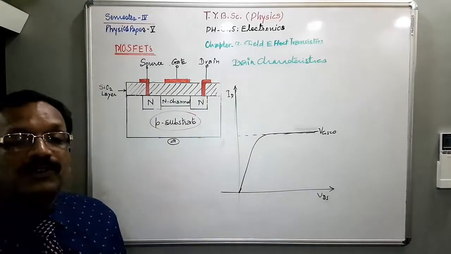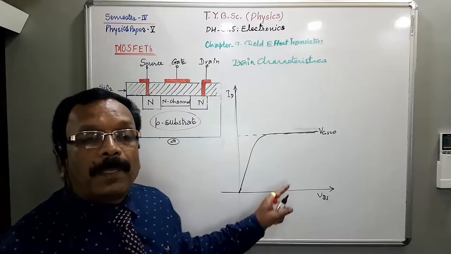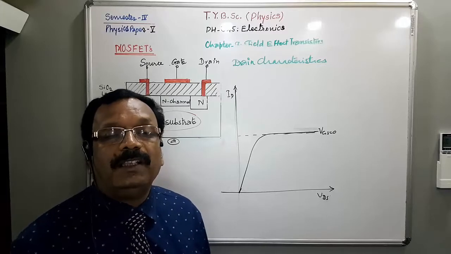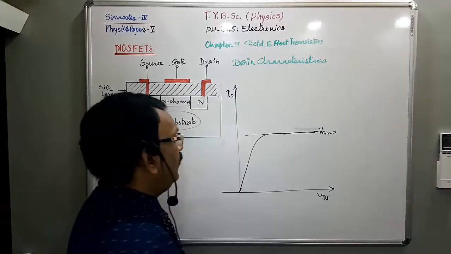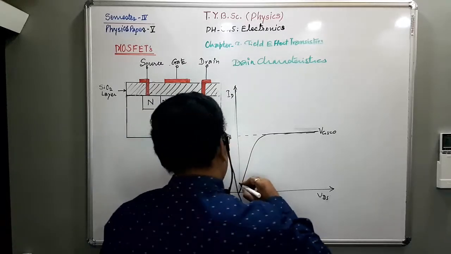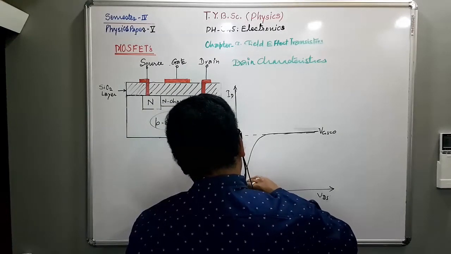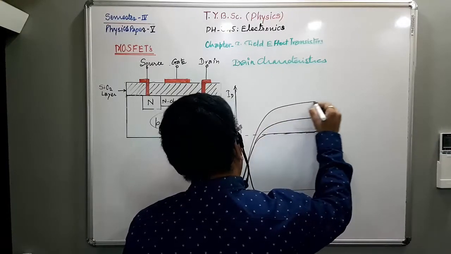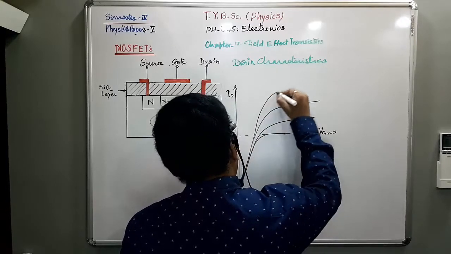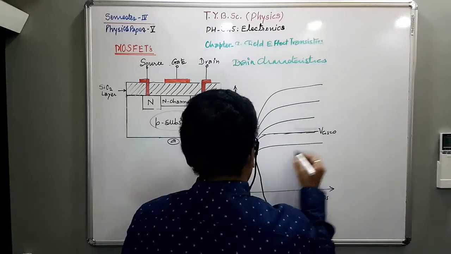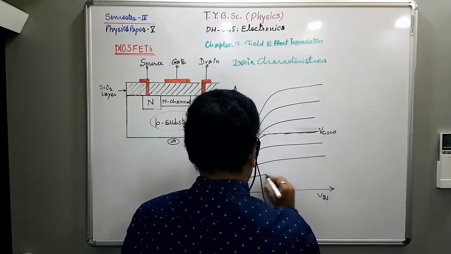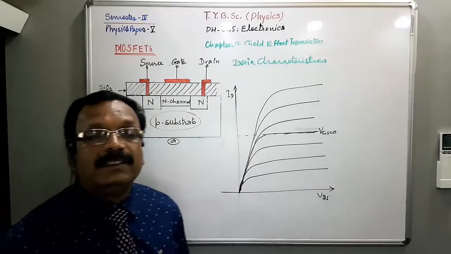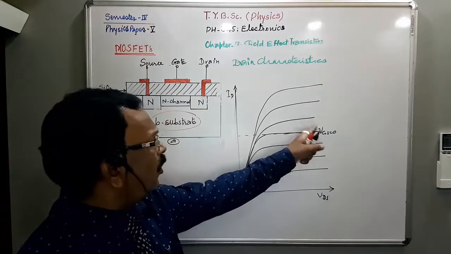Okay, this curve shows VGS at 0 volt, and here there is a normal operation like JFET. And these are the curves, these are the drain characteristics. See here, this is the normal mode.